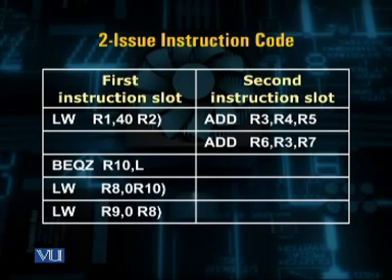The branch-equals-0 R10 instruction checks the contents of R10, and the following two load instructions have a dependency on the contents of register R10 and the value in R8.